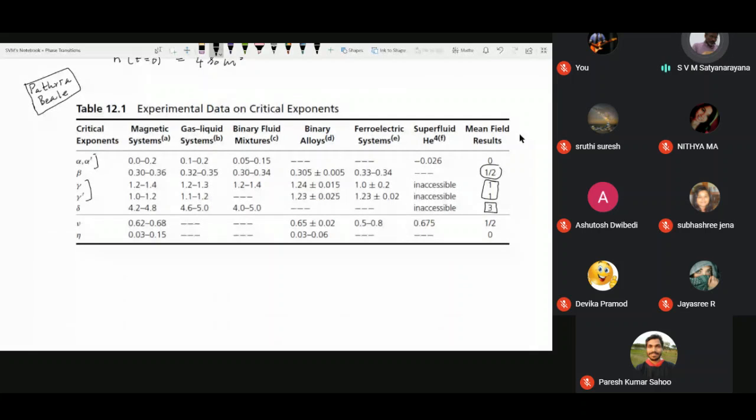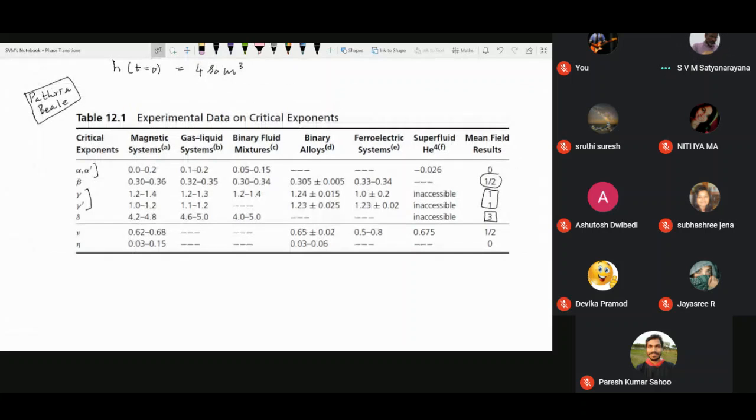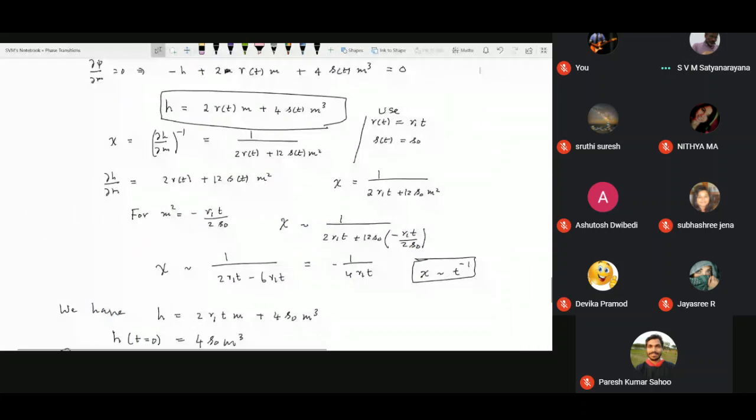Now you have to do what is called progressive perturbative corrections, so that your theory also will give exponents which are close to the experiment. So that will be the next step. But I'm just trying to show you the simplest first step of doing a mean field theory using this Landau theory.